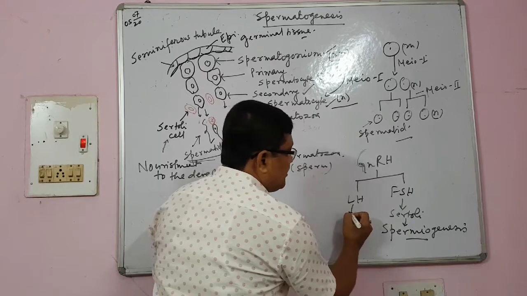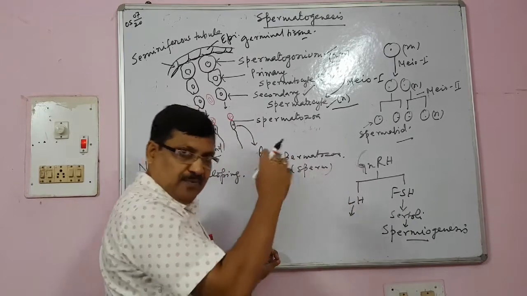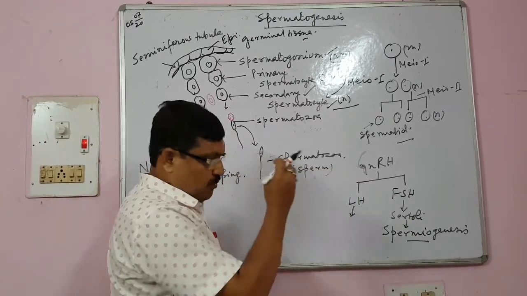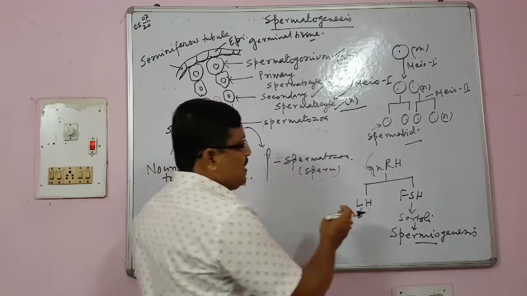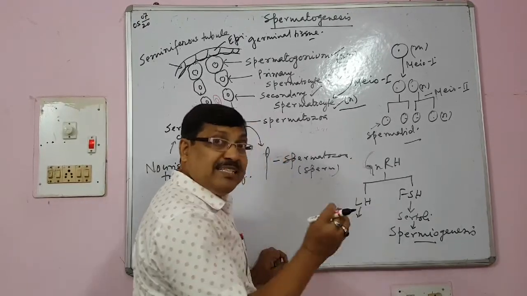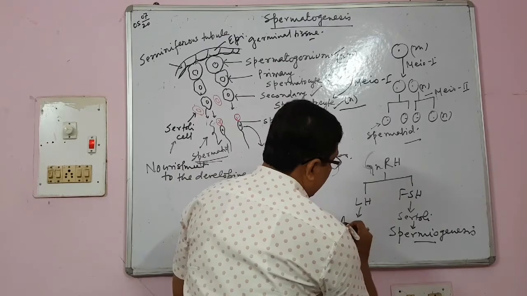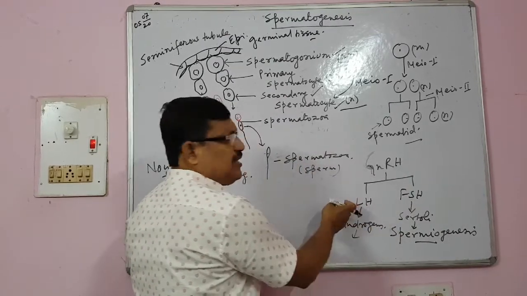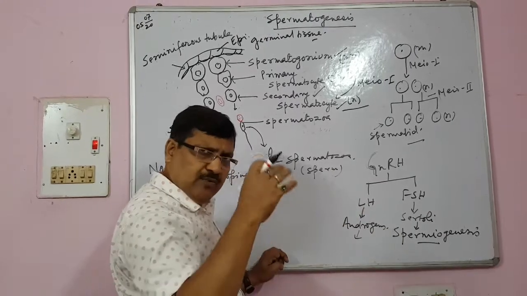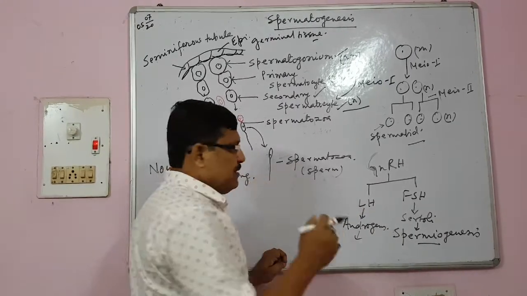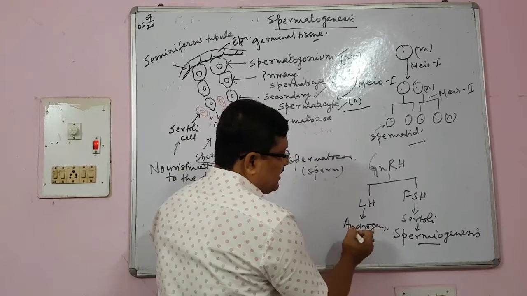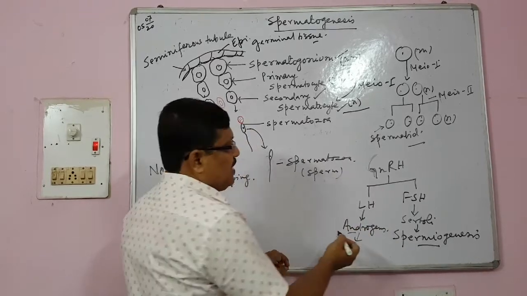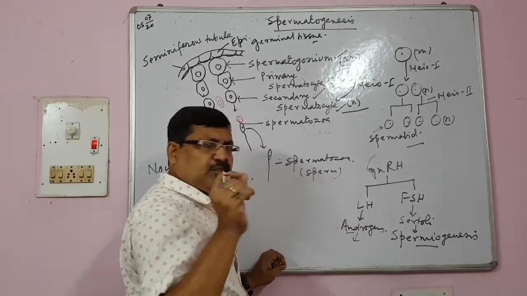Now LH will act on the wall of the seminiferous tubule, and it mainly secretes androgens. Means LH will act on the Leydig cells, and it will secrete the androgens and particularly testosterone.